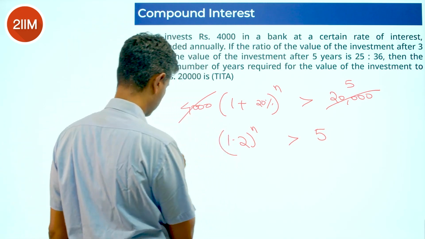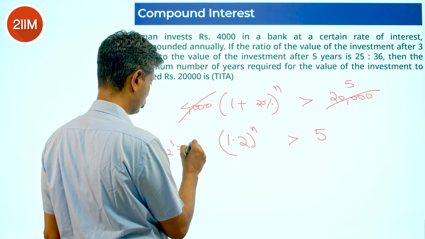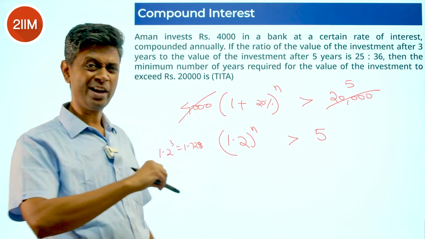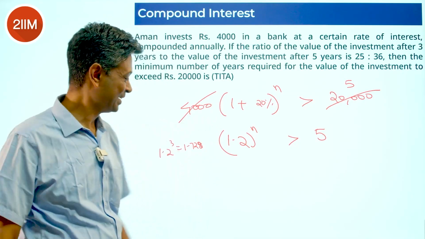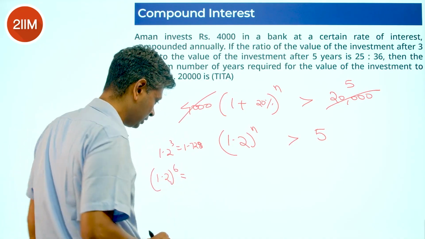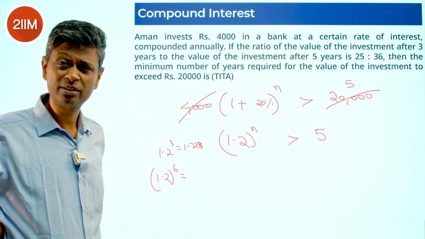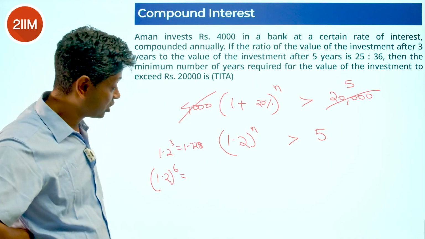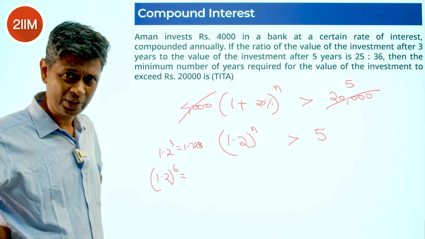1.2 whole cube is 1.728. 1729 because I really like 1729. So 1.2 whole power 6. 1.7 whole square is 2.89. 1.8 whole square is 3.24. 289, 324.